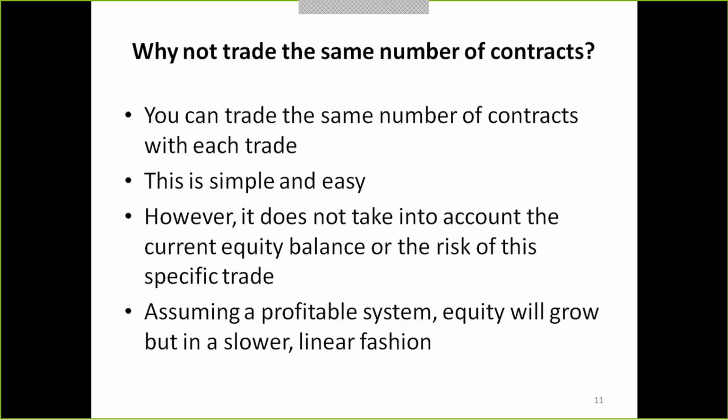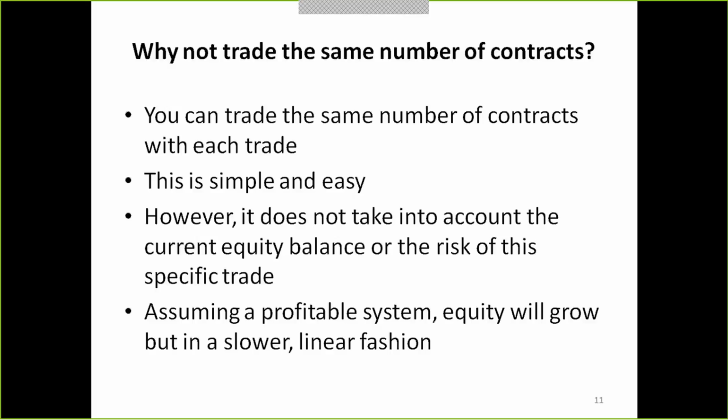Okay. So why even think about position sizing? Why not just trade the same number of contracts with each trade that you do? Well, you certainly can do that. It's simple that way. It's easy. But it doesn't really take into account the current equity balance.